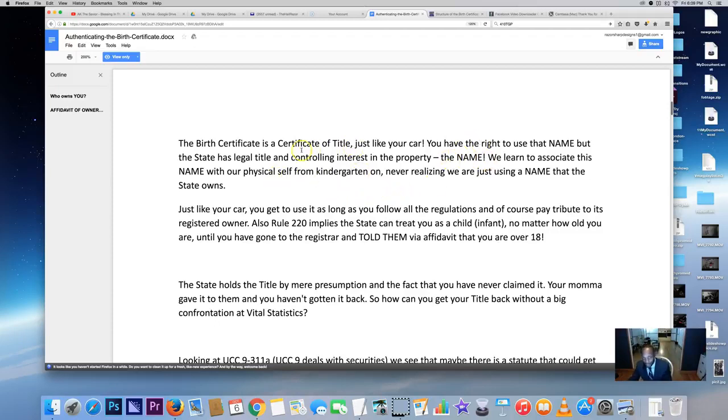So, just like this certificate of title, just like your car, you have the right to use the name, but the state has legal title and controlling interest in the property, the name, which is not you, but we are contracted in commerce in a way that makes it us or makes us liable. So let's go over the car scenario. And I've always used this in my examples.